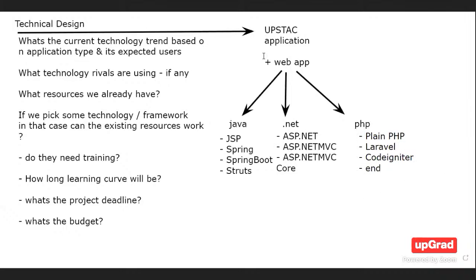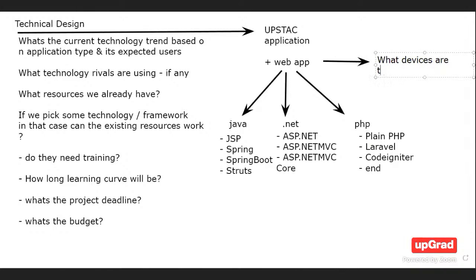Now, obviously, a technical challenge that we have is that a technical architect will first have to decide: if it's a web application, are we also targeting mobile? So what devices are we targeting?